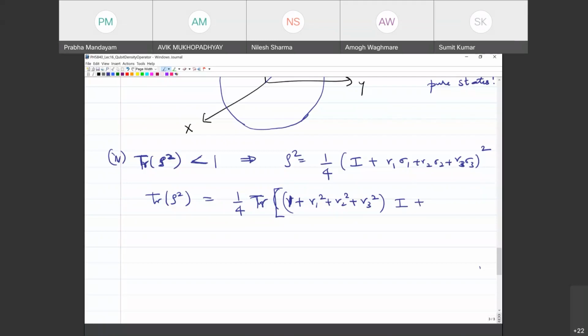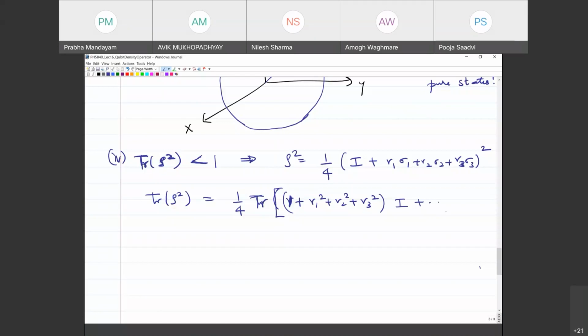The pairwise products will be 0. The trace of the pairwise products is 0. We already showed that in your assignment. What about identity times sigma 1, identity times sigma 2, and so on? That is also 0, because no Pauli matrix has nonzero trace. Indeed, yes.